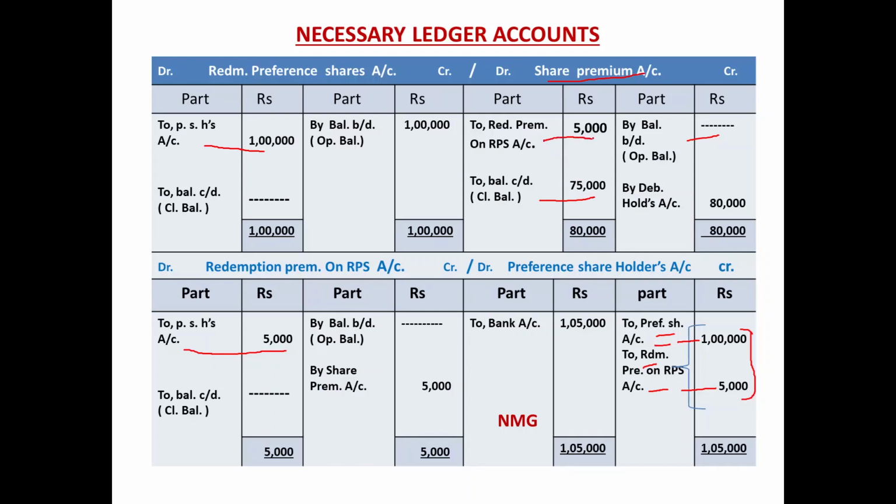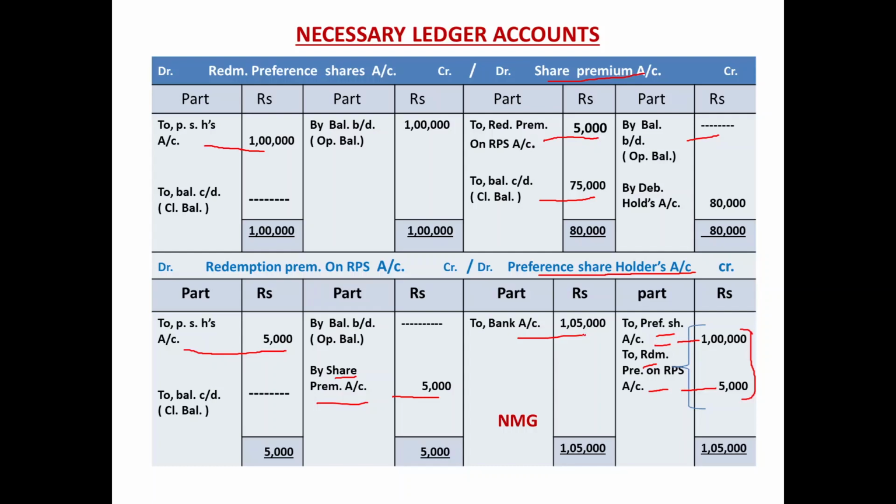Share premium account debited rupees 5,000 to redemption premium on RPS account credited rupees 5,000. Provisions have been fulfilled. And now the fourth journal entry, the posting of which: preference shareholders account debited rupees 1,05,000 to bank account credited rupees 1,05,000.